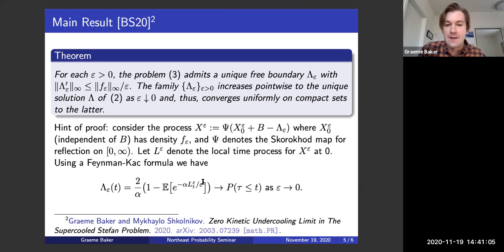And then on that set, because of the monotone convergence that we have, we can play around with the local time and the probability of this hitting time occurring. And so this guy here, as we take the limit epsilon to 0, goes just to this indicator event of tau less than or equal to t.